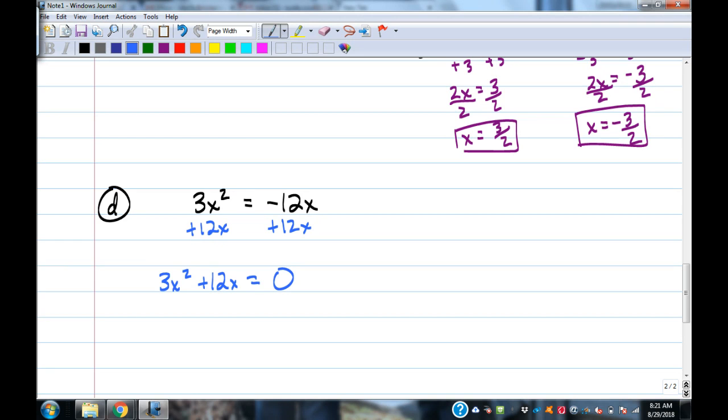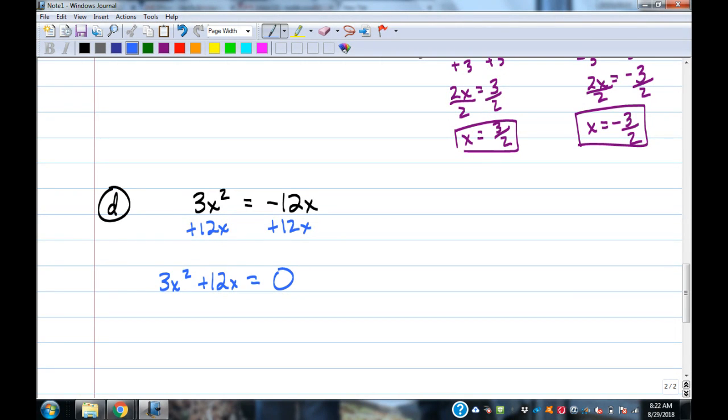Okay. Now that was a little different because it's obviously not a difference of squares, since we've got an addition sign in there. All right, so it's in descending order.